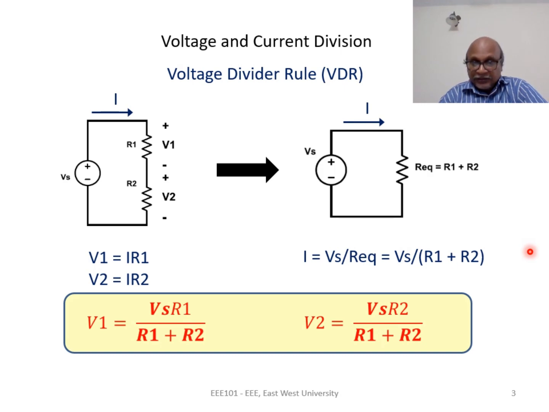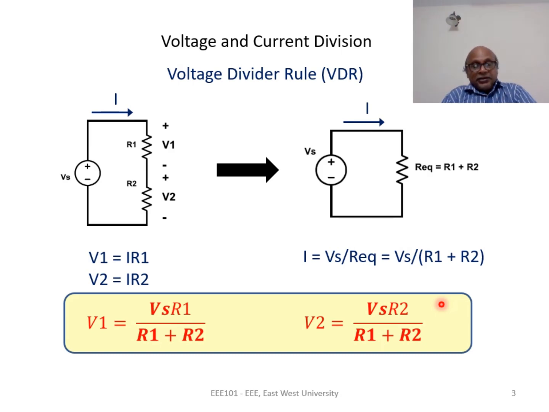In order to remember the rule easily, it helps if we look at the structure of the equation. In both relations, there is a common part. The common part is shown in bold, Vs divided by R1 plus R2. So, in voltage divider rule, every voltage has a common part, which is the total voltage divided by the sum of the two resistances.